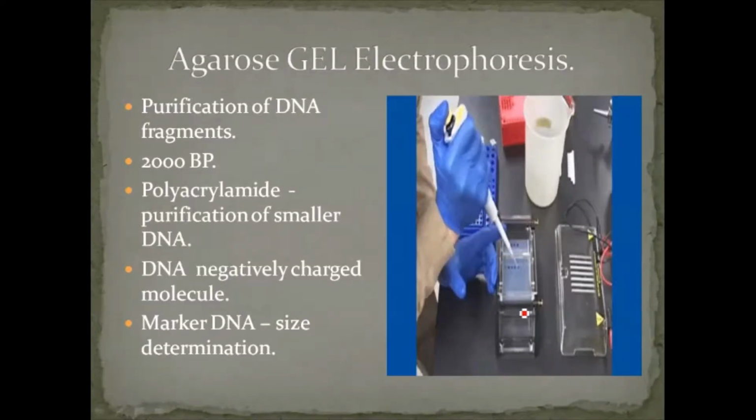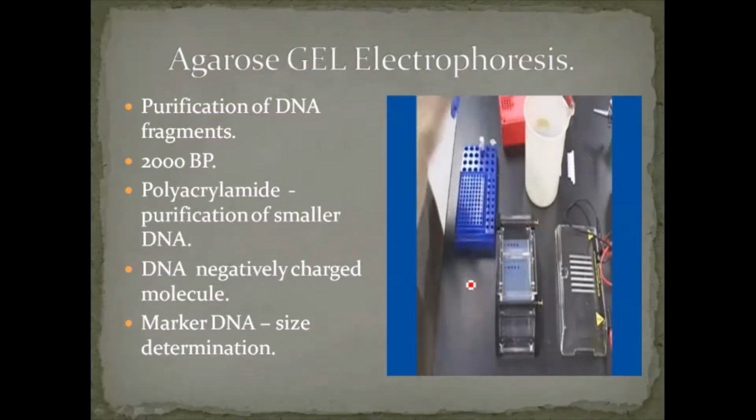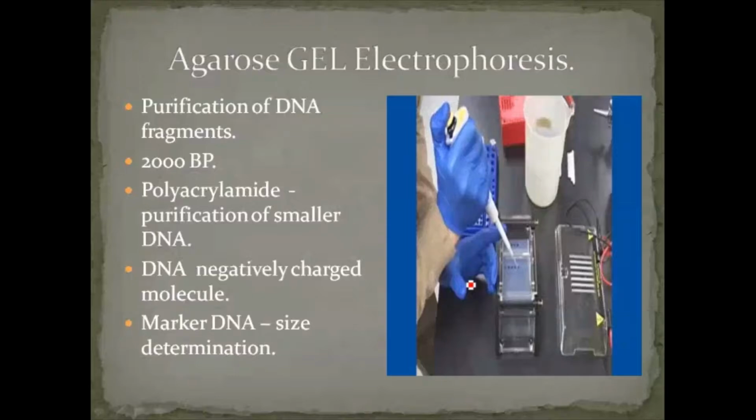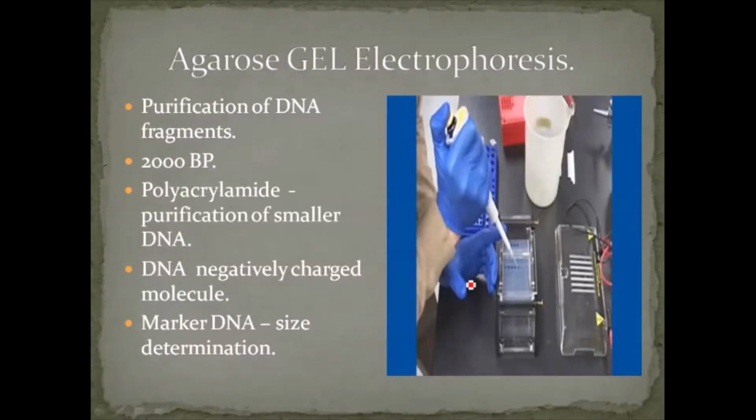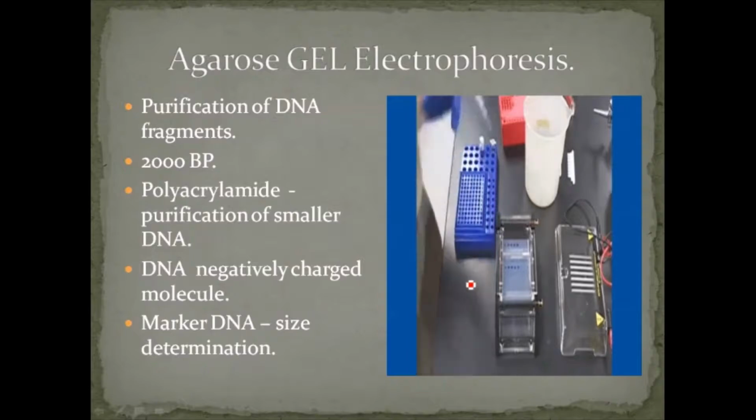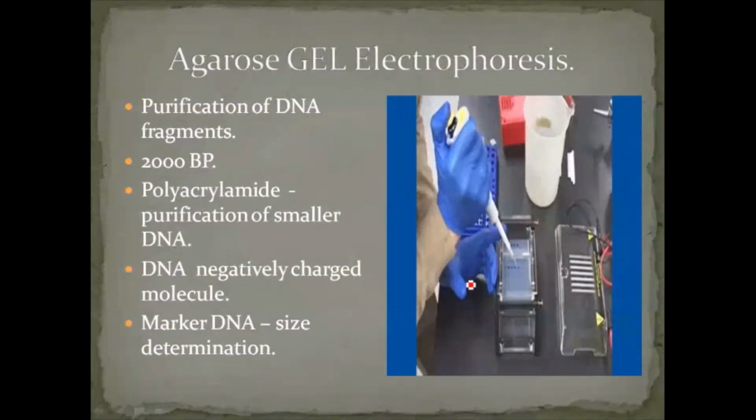Here we can see the electrophoresis instrument. The white one is a plate, and that plate is coated with agarose gel. There is a small pipette-like instrument; with it they take a sample and load it on the agarose gel as bands, depending upon molecular weight.